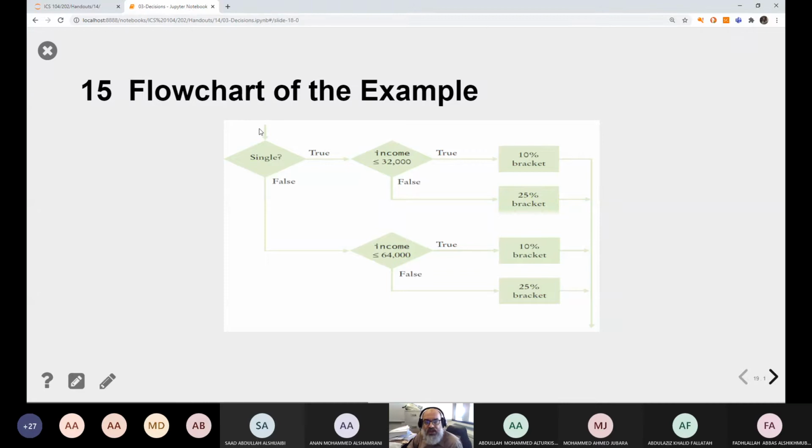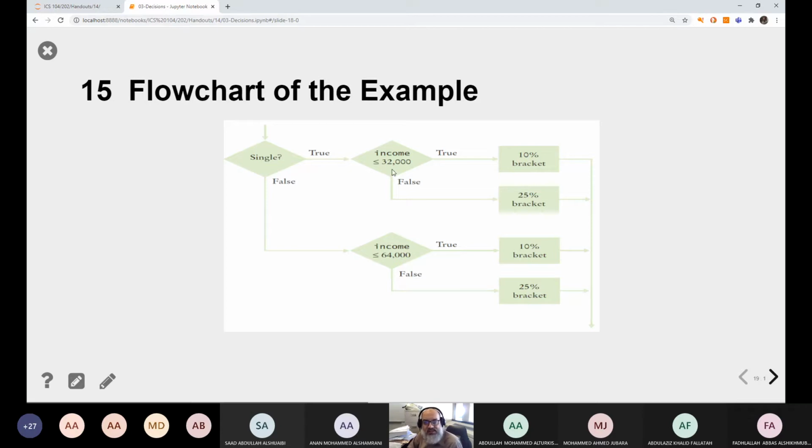So the first condition, as you suggested, is to check whether the person is single or married. If single, I will check whether the income is less than or equal to 32,000. And if married, my check for the income becomes on the 64,000, whether it is less than or equal to 64,000 or greater than 64,000.